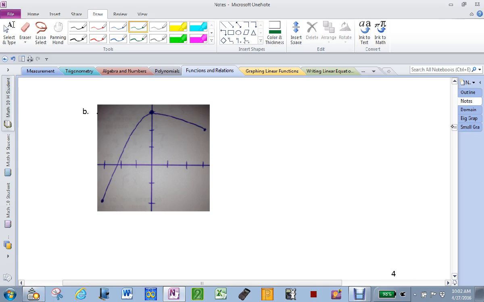Yes, because there's an output at negative 2.5, isn't there? So where does our vertical line have to go? Can it go to single spots? Where does it have to go?